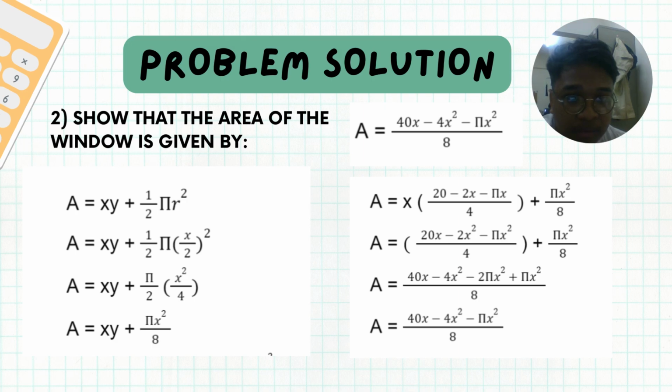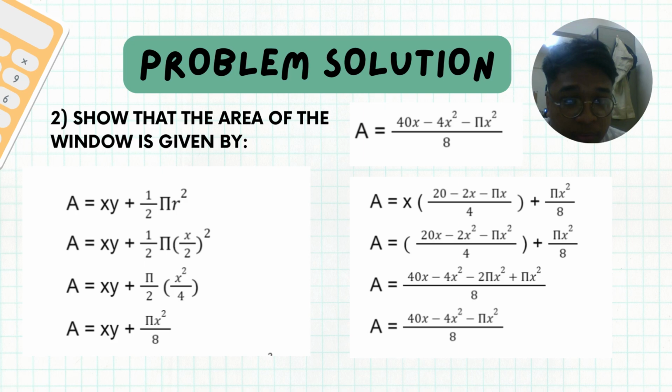And we multiply the x into the bracket, and we get area equals 20x minus 2x squared minus pi x squared over 4, plus pi x squared over 8.